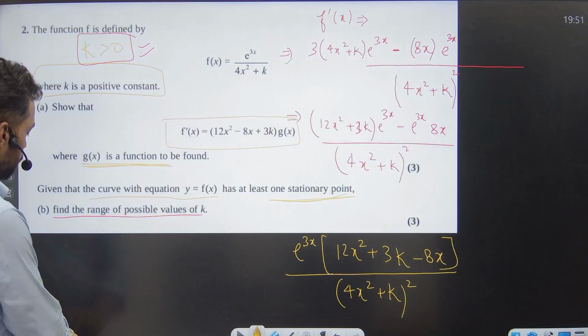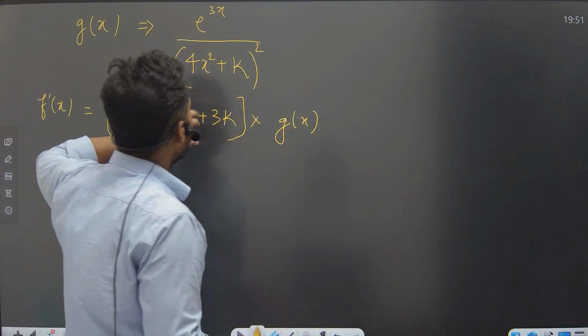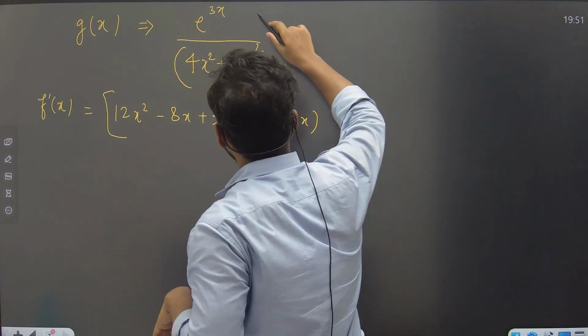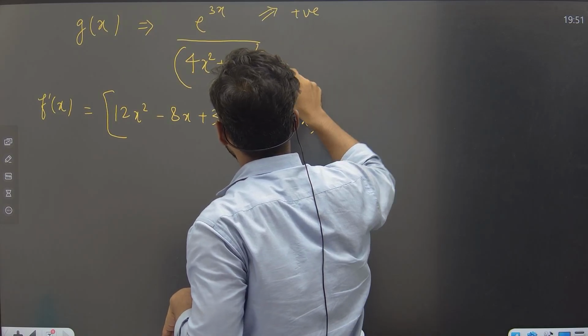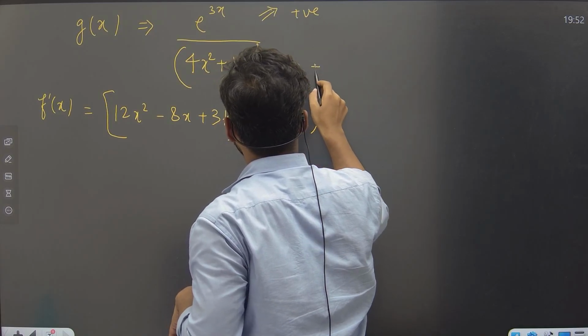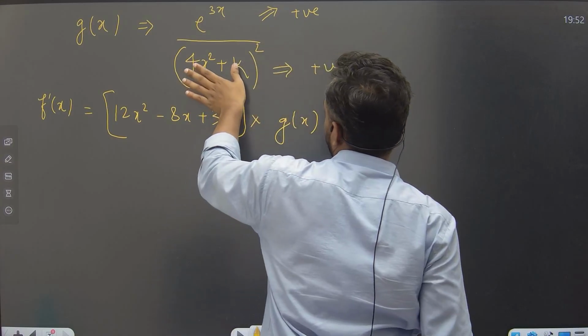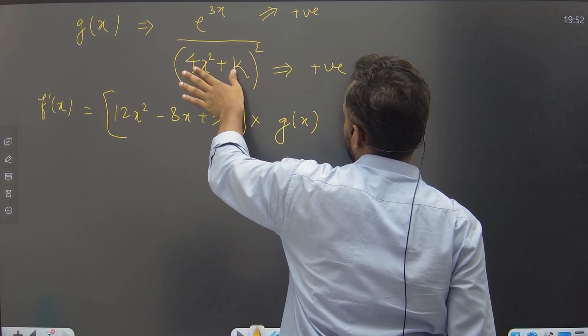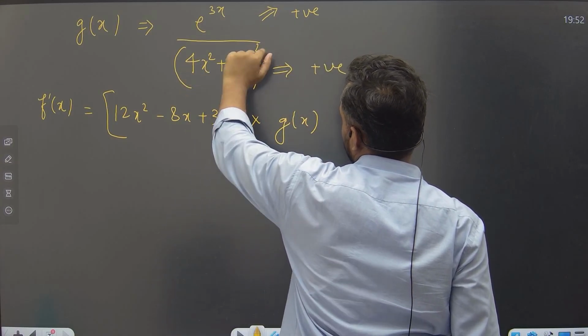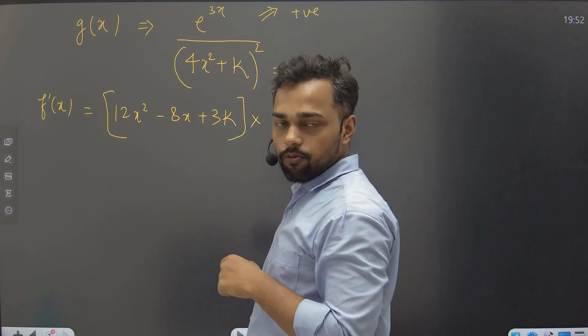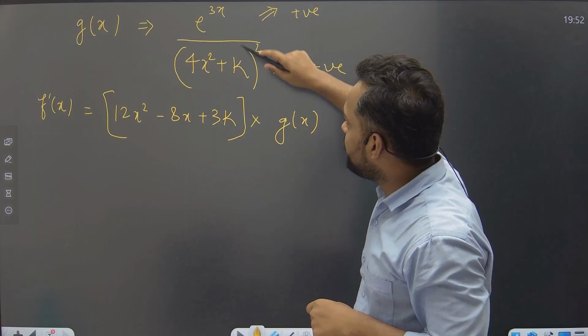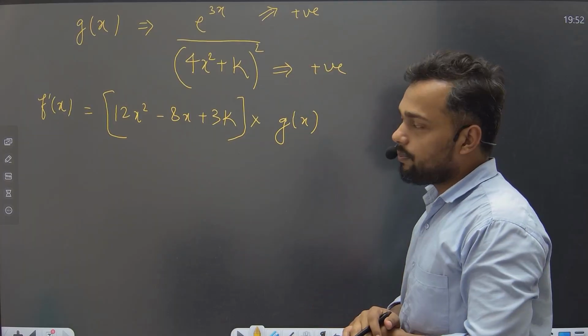Now for g(x), students, this will be a positive part, numerator, this will be positive always, and this will always be positive. Why is this so? Because any value we plug in here, we take the square of that value, so it will be a positive value. So the numerator and denominator both will be positive for g(x).